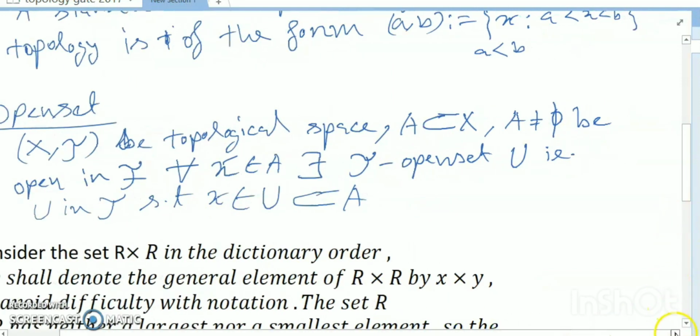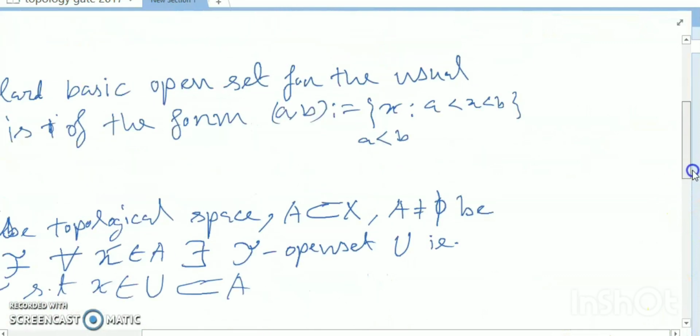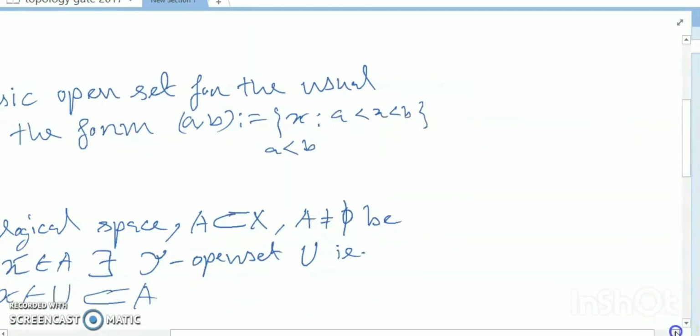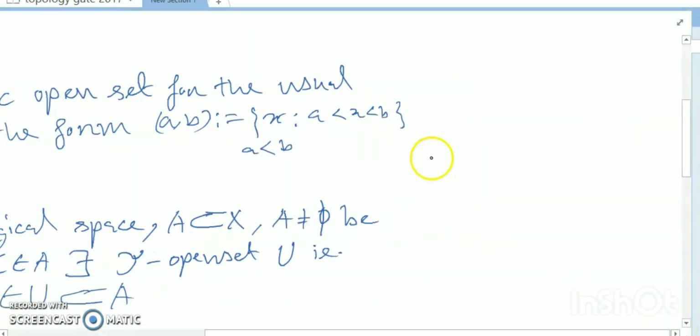Now you need to know that (R, tau u) means the usual topology.